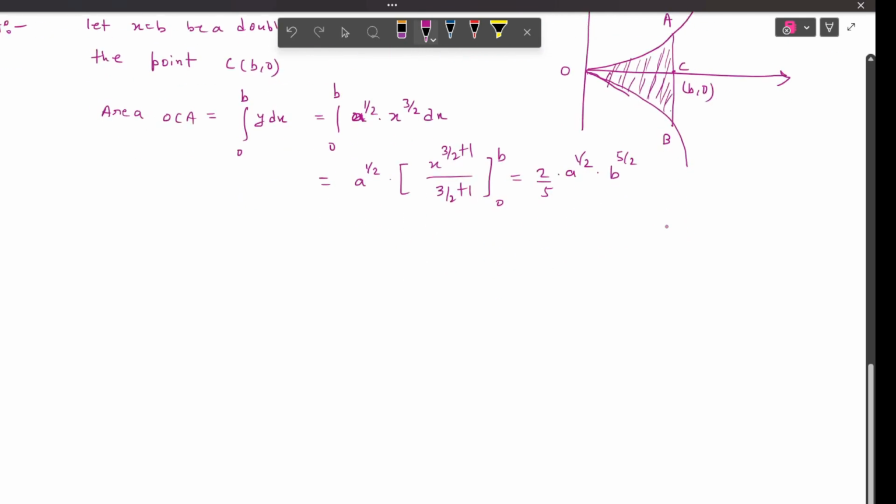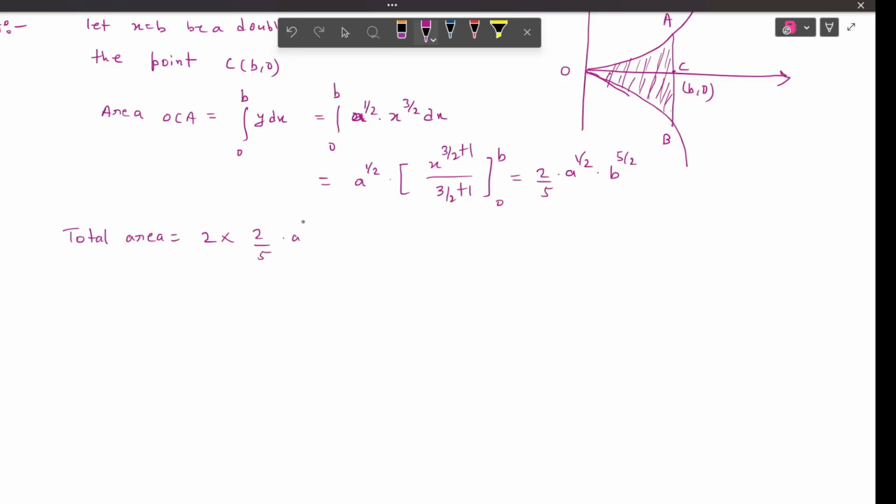So we can say total area would be twice of what we got, into 2 by 5 into a to the power half into b to the power 5 by 2. So it will be 4 by 5 into a to the power half into b to the power 5 by 2. Okay.